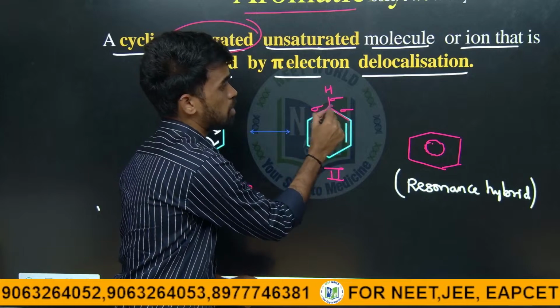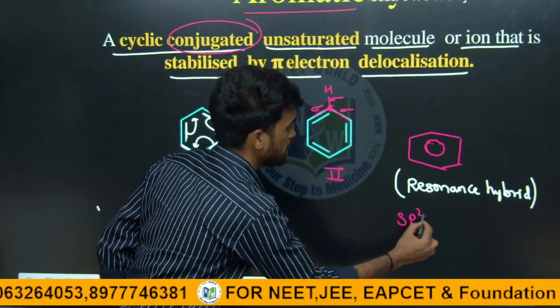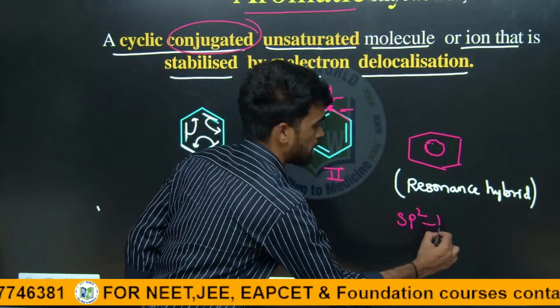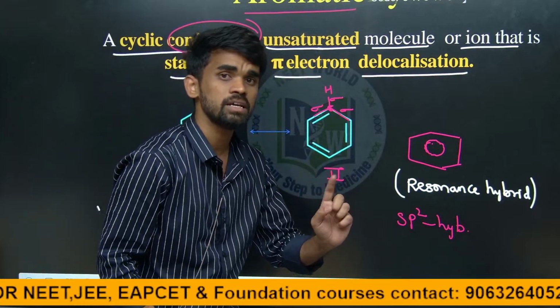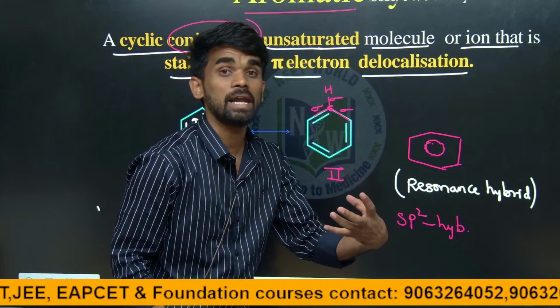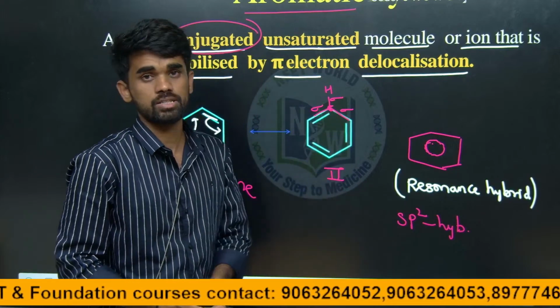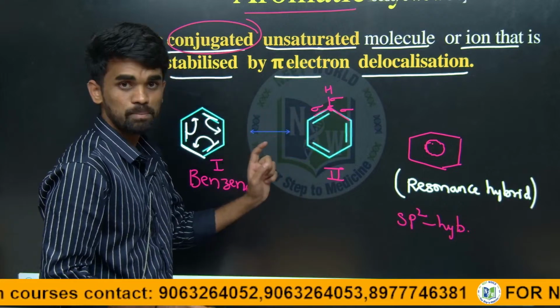Since the number of sigma bonds is 3, the hybridization is sp2, and for sp2 hybridization the geometry is trigonal planar. Therefore the complete molecule is planar. So benzene is a planar molecule.